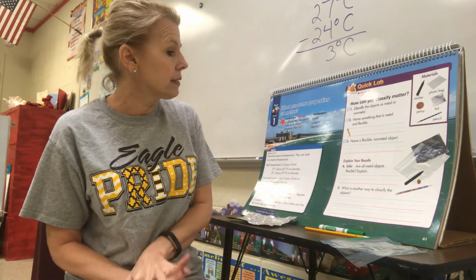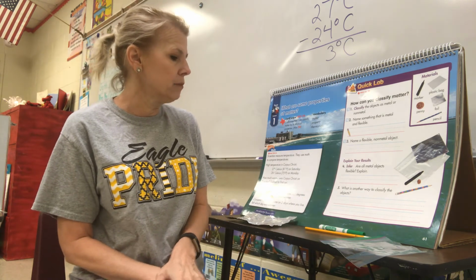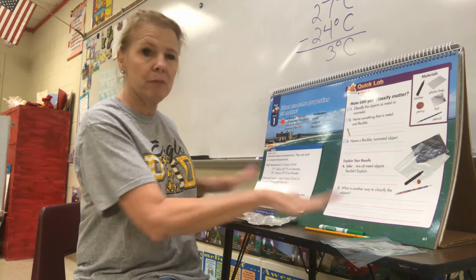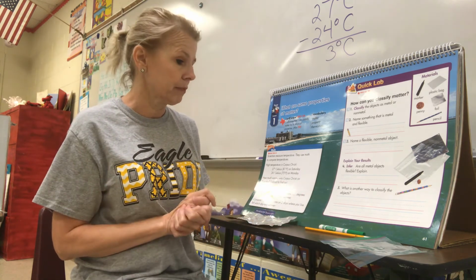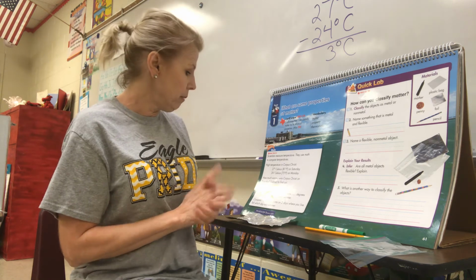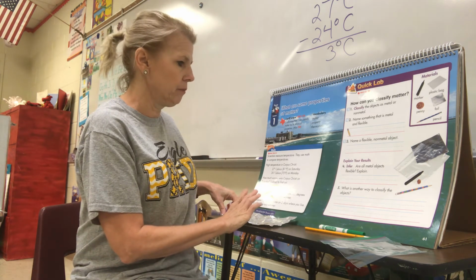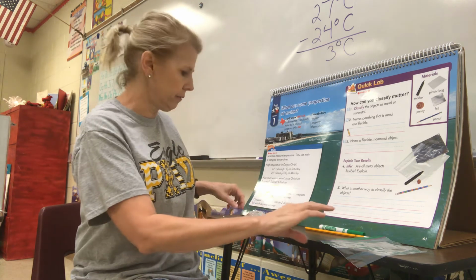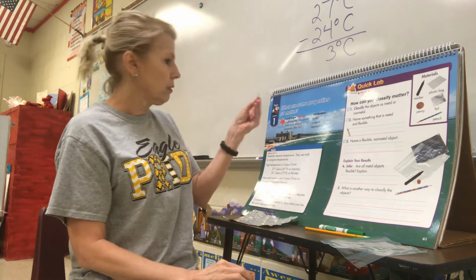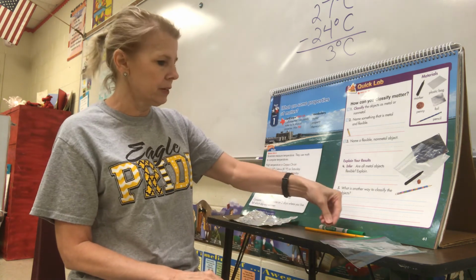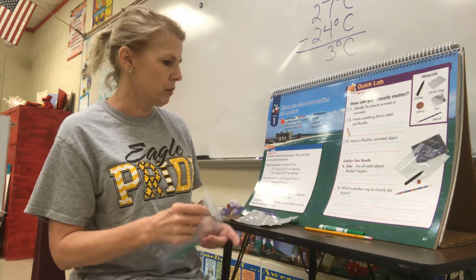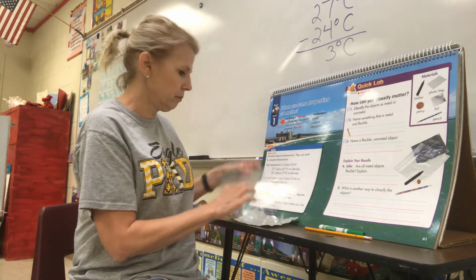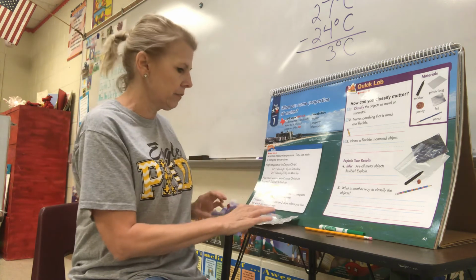And what is another way to classify the objects? So instead of metal, non-metal, how else can we classify them? Well, maybe we could classify them flexible, non-flexible. So we could move the penny over into a non-flexible group, and then we can move the plastic bag over into the flexible group.